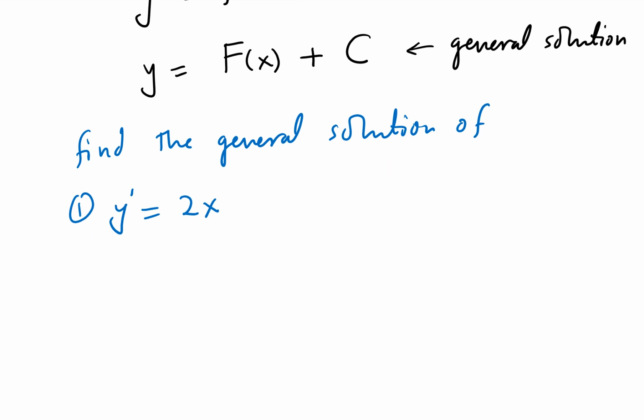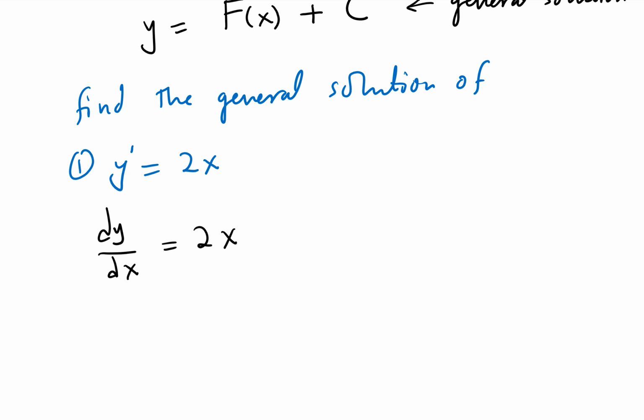So how do we do this? Remember, y prime is the same as dy/dx. Why did I write it this way? Now it's easier to separate. You can move the dx to the other side, like so.